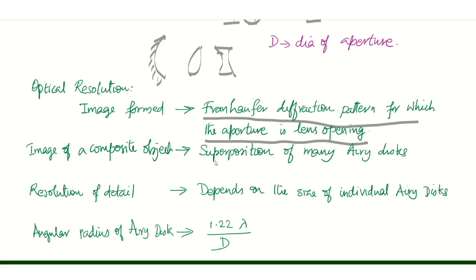But I'm saying this is the simplest image forming device, and therefore if you consider the aperture of this lens as the size of this lens, or you can use some real hard apertures here, in that case this becomes the aperture for the Fraunhofer diffraction pattern.